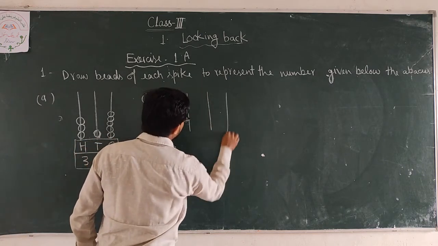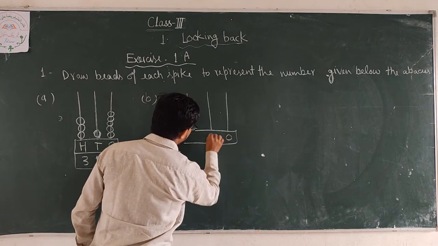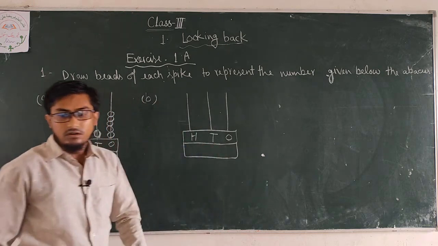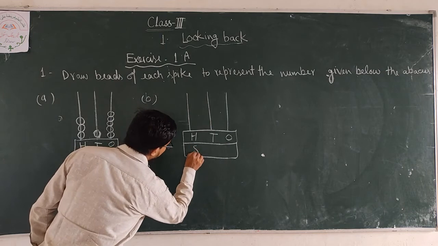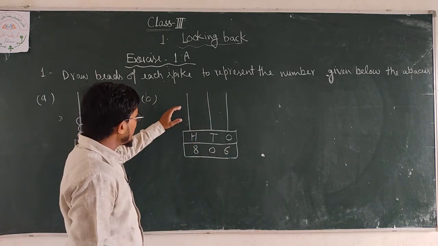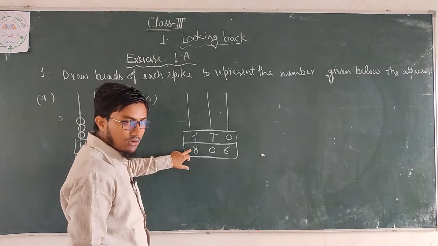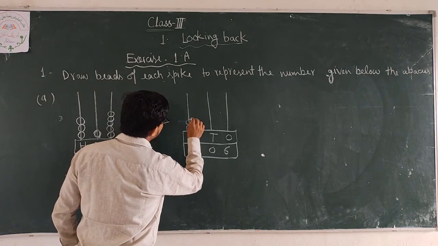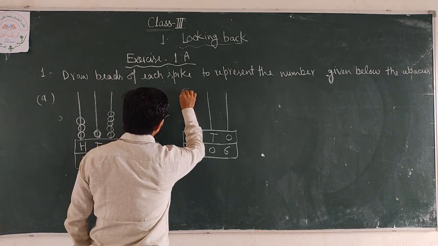Now question B. Made the abacus with ones, tens, hundreds. The number is 806. On the hundreds spike, how many beads do we draw? 8 beads: 1, 2, 3, 4, 5, 6, 7, 8.